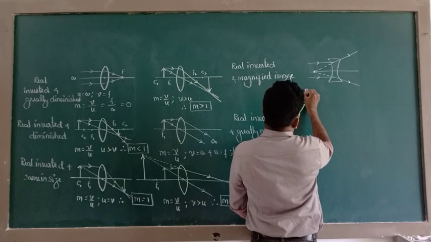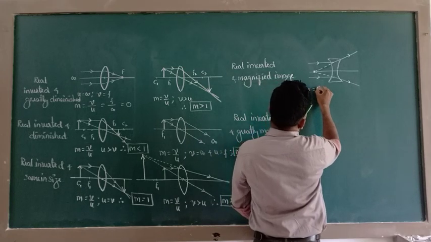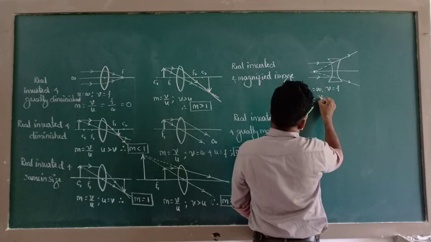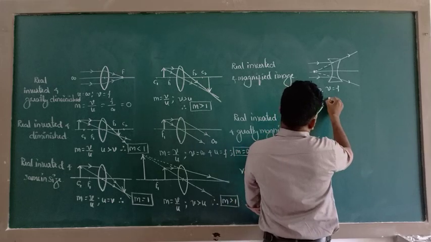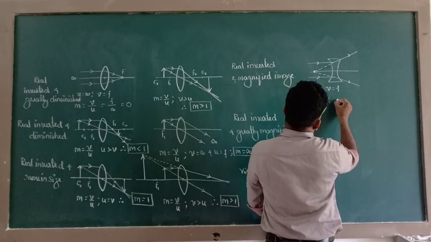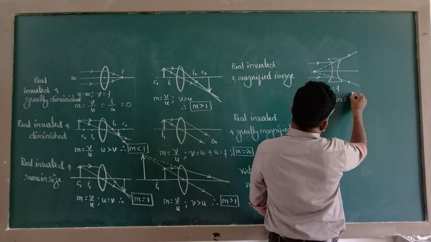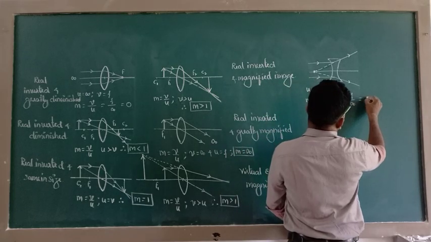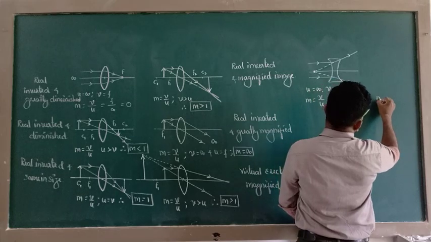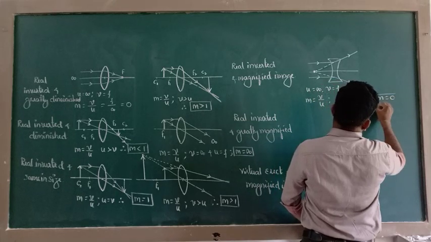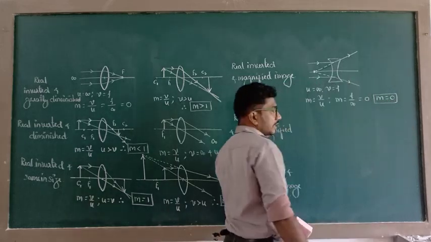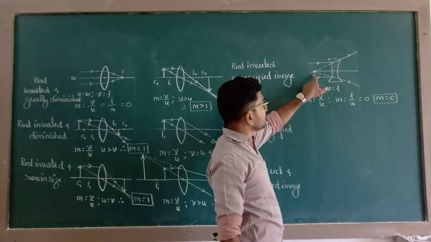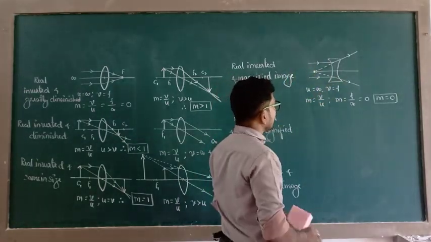So here u is equal to infinity, v is equal to focal length. Linear magnification m is equal to v divided by u, that is f divided by infinity, so this is equal to 0. Again we will get a greatly diminished image, but this image is virtual and erect because this image is due to a divergent beam of light.